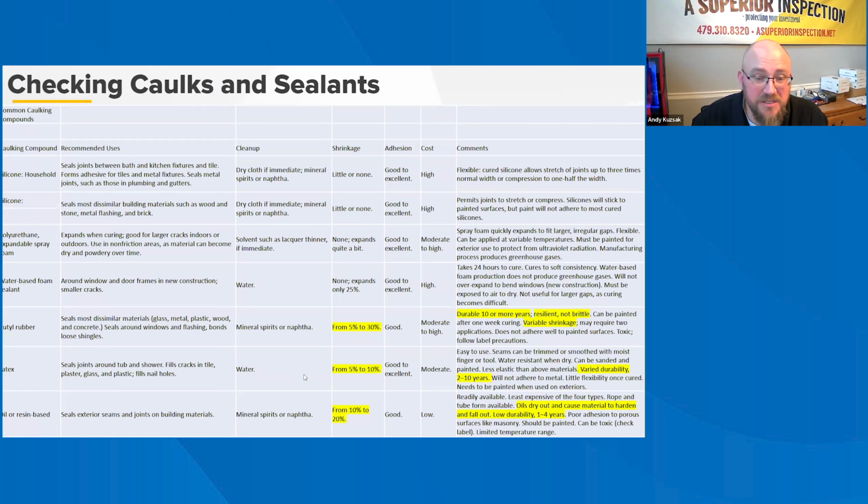When it's used on the outside and it shrinks 5 to 10%, then you're going to get gaps in and around your windows. So just pay special attention. Oftentimes you're not going to be able to tell exactly what type it is, but if there is any shrinkage, cracks, separation, any of that stuff, oftentimes it is not the correct type.